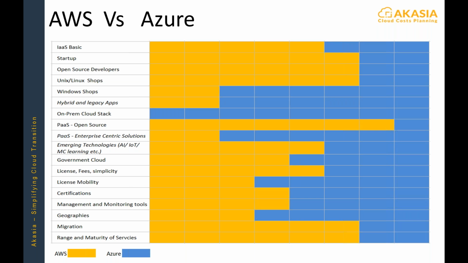This chart is very interesting, and if I'm an enterprise, and this is what we recommend to all of our viewers, look at the left-hand column and see which of those categories apply to you, which of those are high priority, and then look at the chart and see which one, Amazon or Azure, has more options for you. This chart is very useful, and this is the prescriptive area that we were talking about earlier in the presentation.